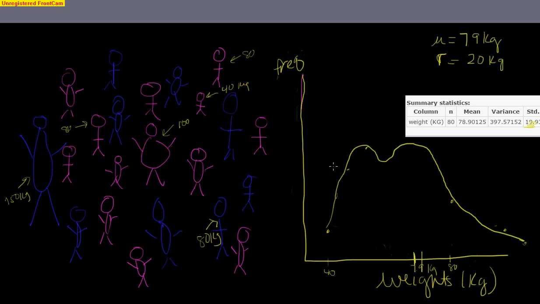That's what it's going to look like when we plot each person's weight individually. So not only is that very time consuming, it also leads us to a not normal distribution, which can be harder to work with. So what do we do?